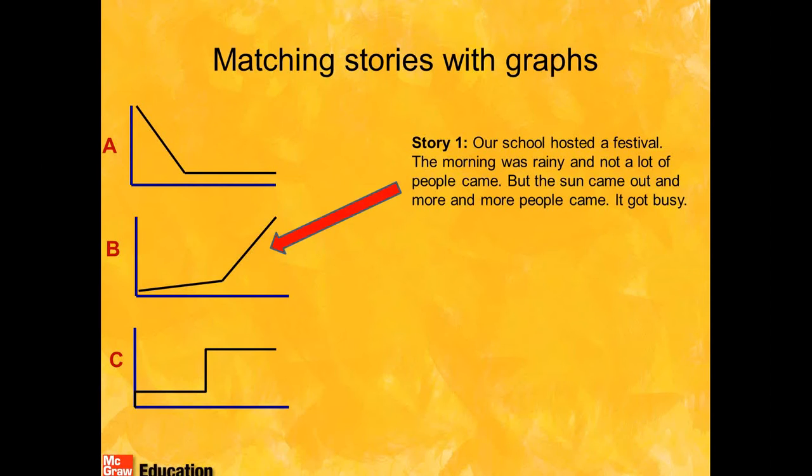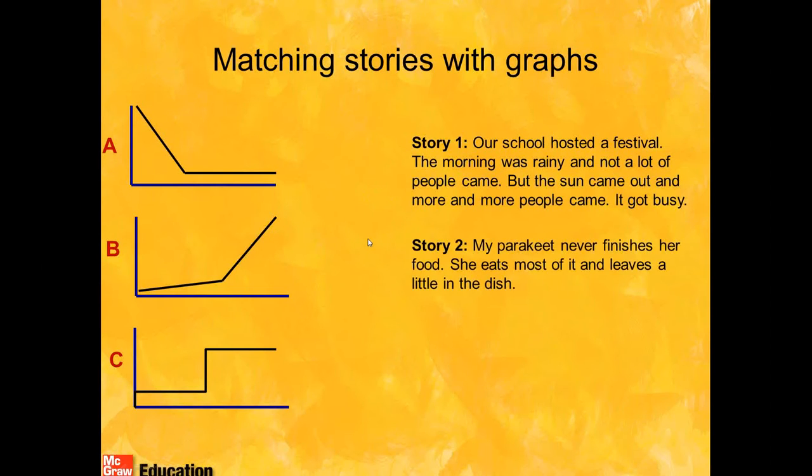That's right, B. B represents that, because as I put my finger at the beginning, people were coming to the fair in the morning, and then the sun came out and a lot more people came as the afternoon got on and it got busy. The graph rose slowly over time and then changed suddenly as time continued.